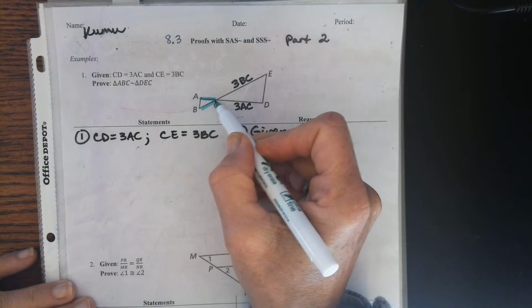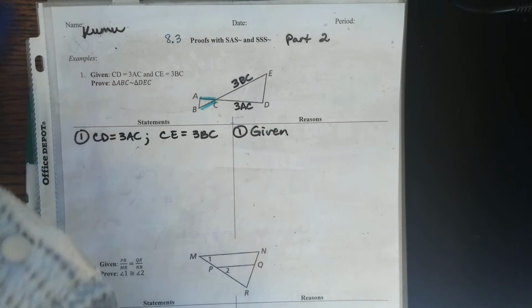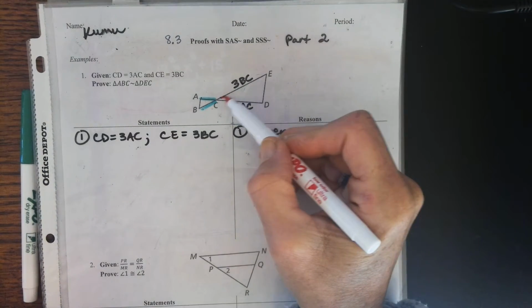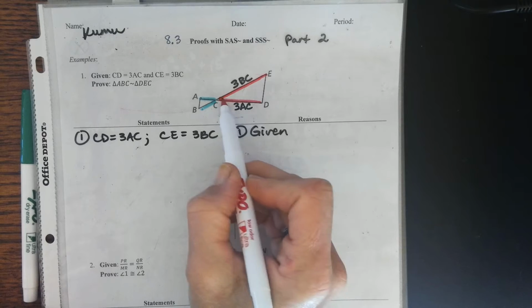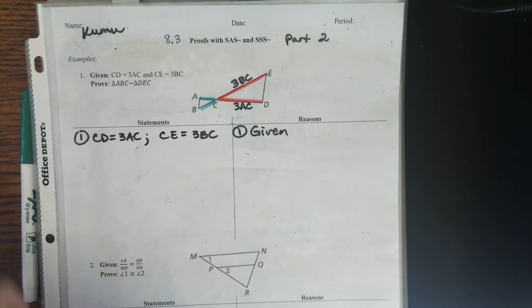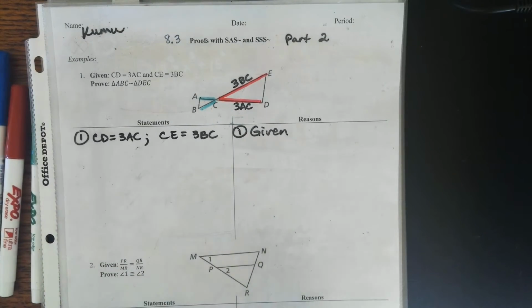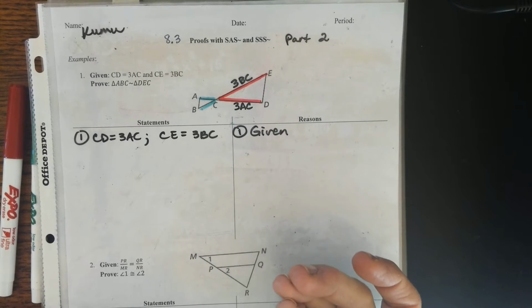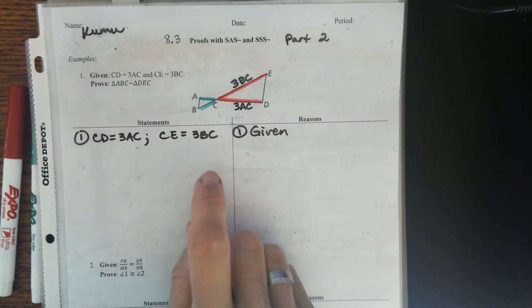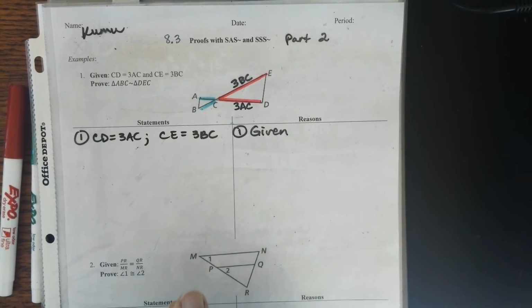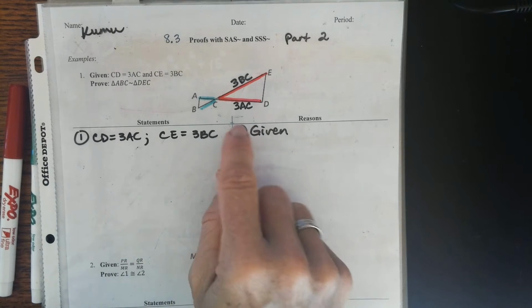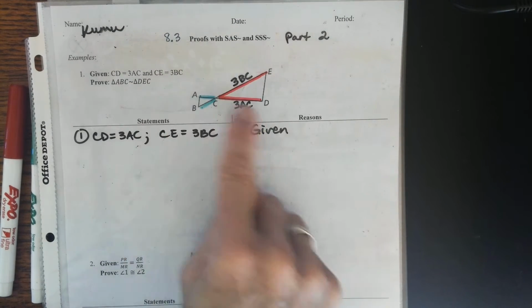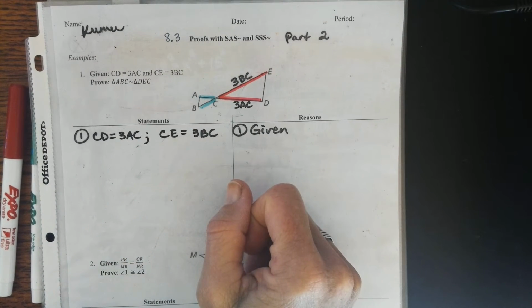Okay, so the little one's going to be green, and the big one's going to be red, so that when I write proportions, which you have to remember to prove similarity with either SAS or SSS, what you need is the ratio of the sides equal to the ratio of the sides. In this case, what I'm looking at is these two sides ratios are going to be the same.